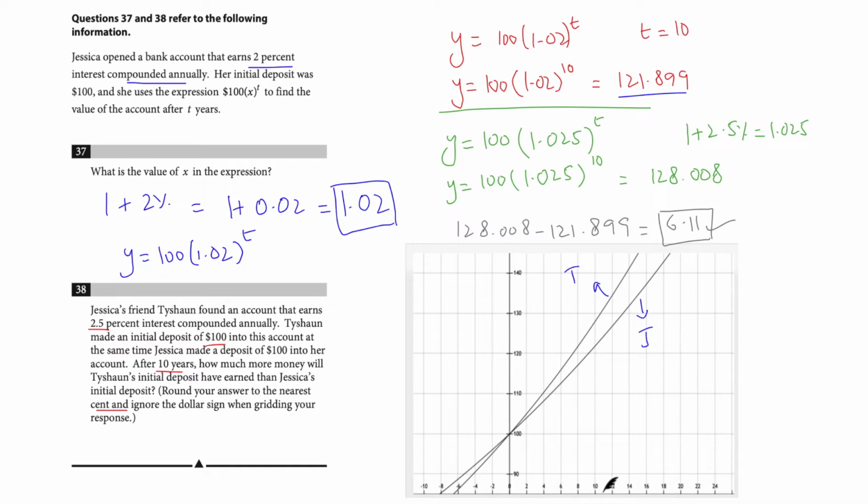So after 10 years, if you draw a line, you will see Teshun is earning more. He is earning around 128.008. This is something we have already calculated, and Jessica is earning somewhere around 121.899. And the graphs are exponential because obviously these are exponential equations.